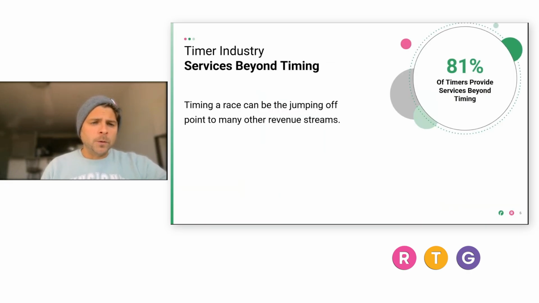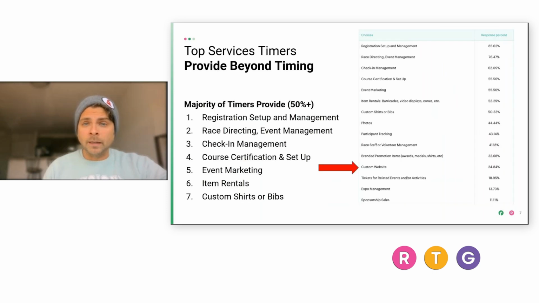Just another reminder, 81% of timers provide services beyond timing. Timing might be your bread and butter, but the differentiator might be something like providing registration setup or custom websites. We've only got about 25% of timers saying that they offer custom websites.